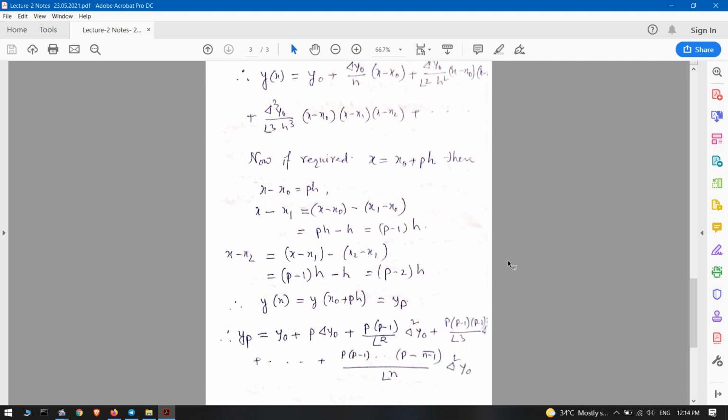You put those values, then you will find del of y naught equal to a1 into x1 minus x naught. And we know what x1 minus x naught is, that is h. So we can write del y naught equal to a1 into h. From this we can evaluate a1, that second constant a1 equal to del y naught by h. h is known to us, del y naught is not directly given, but if we complete the forward interpolation table, then from that we can easily get the value of del of y naught.